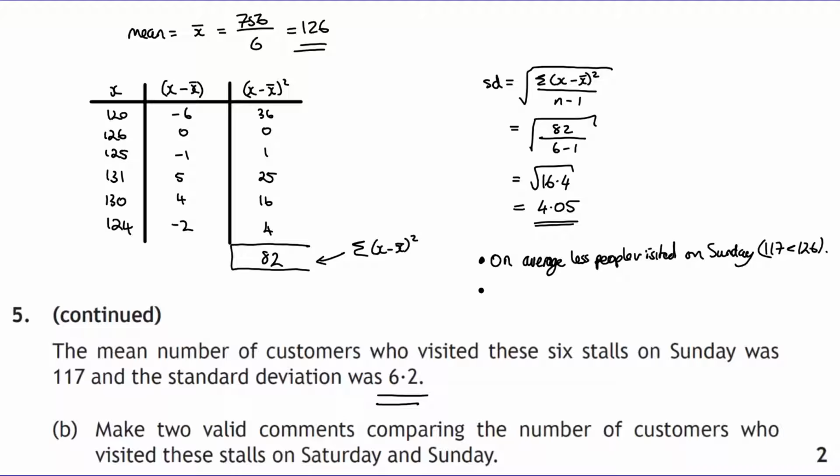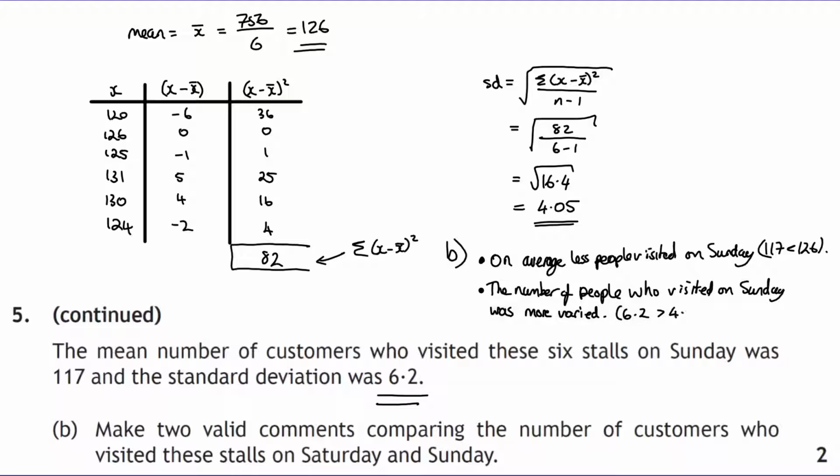So in this case, we would say the number of people who visited on Sunday was more varied or more spread out, something along those lines. That's because the standard deviation 6.2 is greater than the 4.05 that we calculated for the Saturday. Okay, good. So that's our 2 marks for that part.